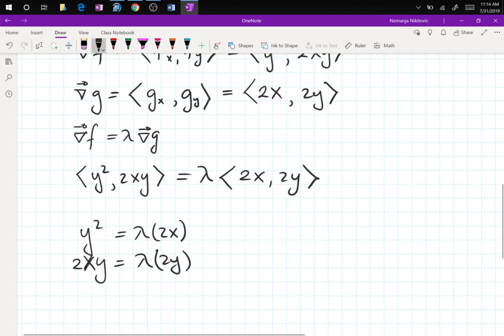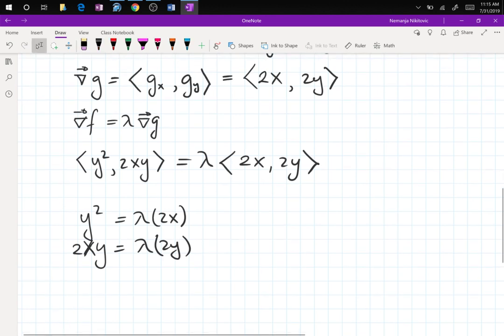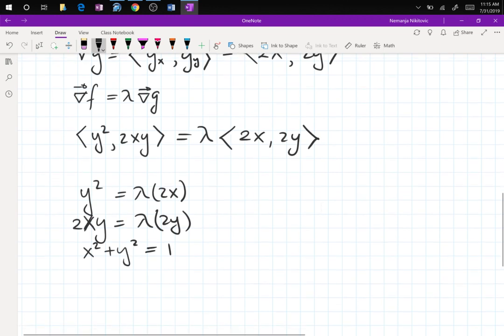So again, four variables, you will need to use equation g again. So equation g is x squared plus y squared equals 1. So this over here is your system.